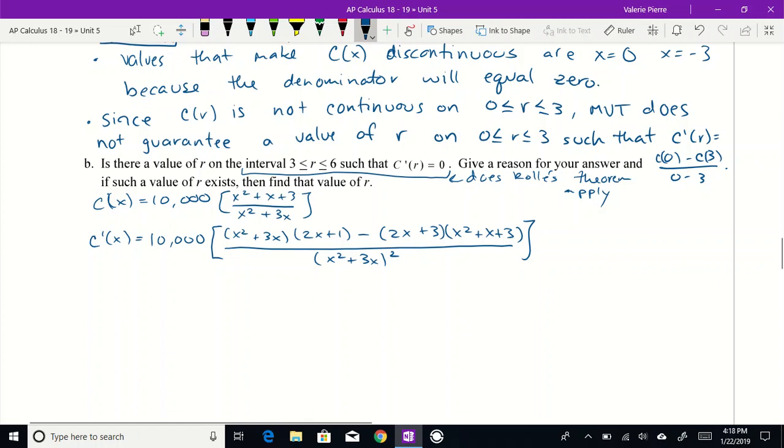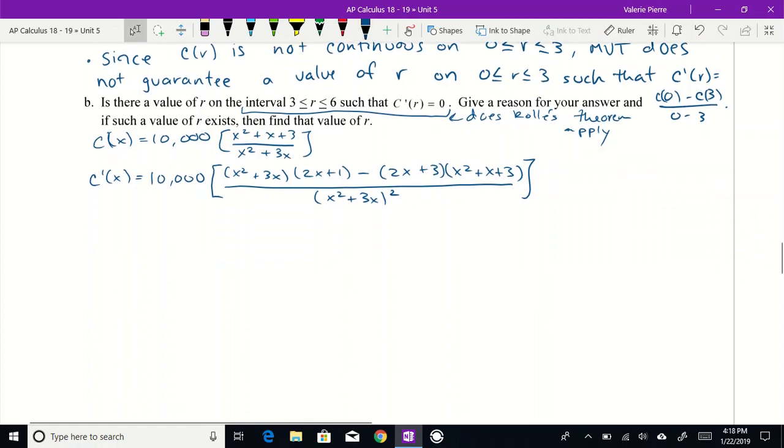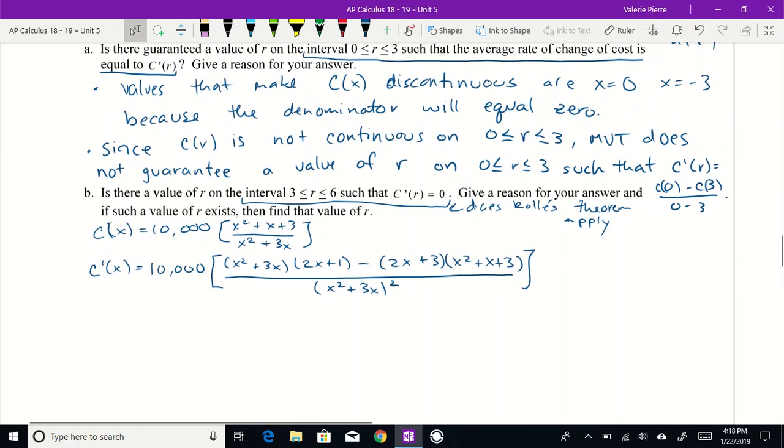All right, so the only values that will again make this function discontinuous are the values of 0 and -3, neither of which are on my interval.